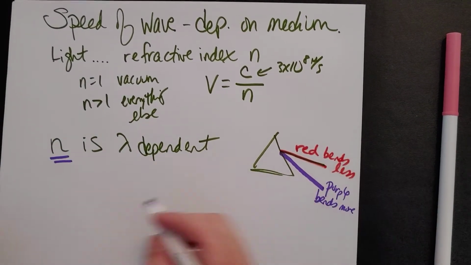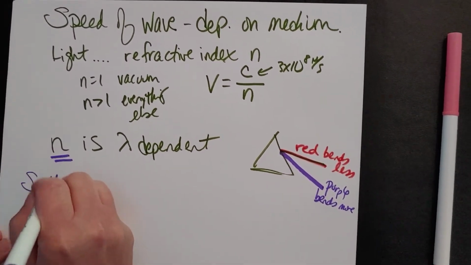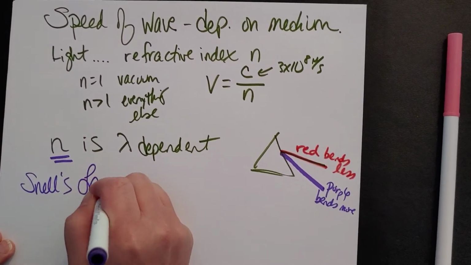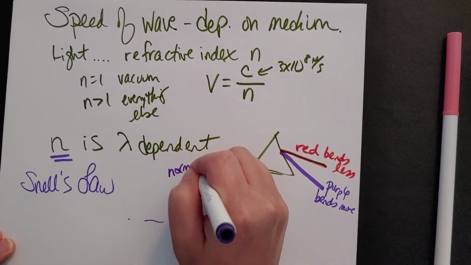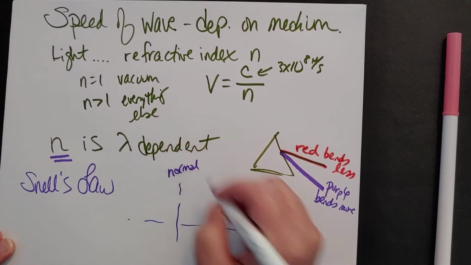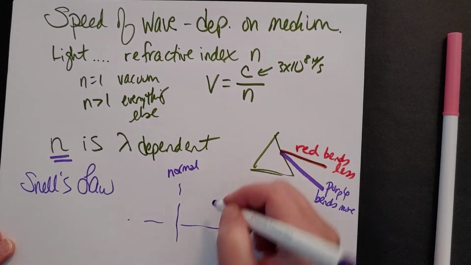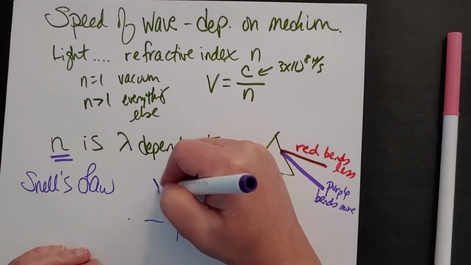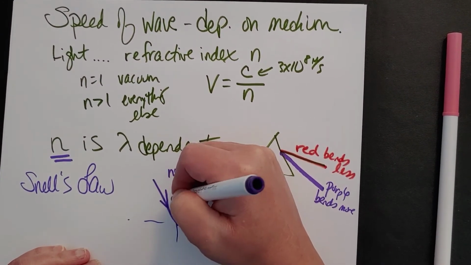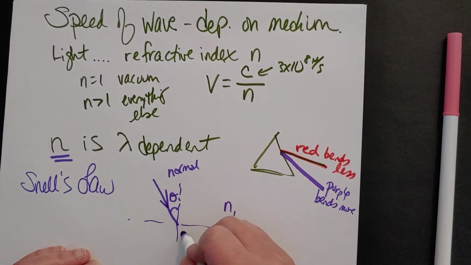And so how do we know about any of this bending? This is something called Snell's law. So there's the normal to the surface. This thing has a value of index of refraction of n1. This is n2. We've got a ray of light coming in here. This is the incident angle.